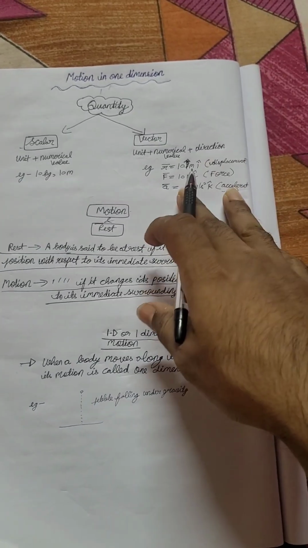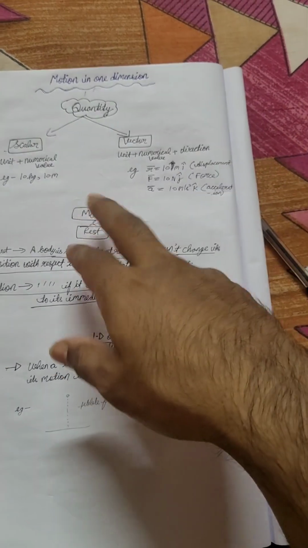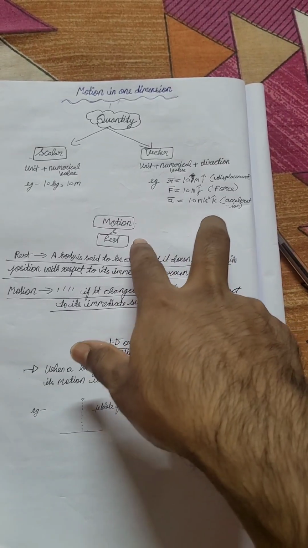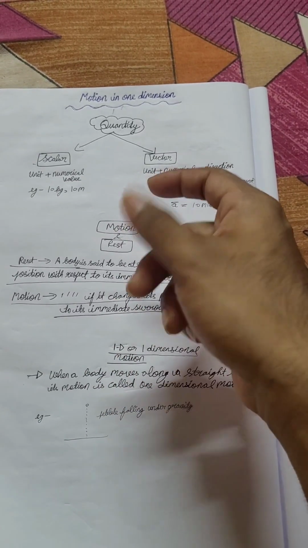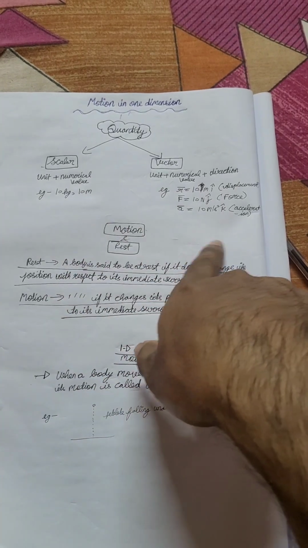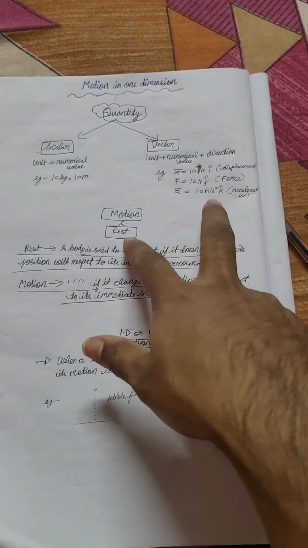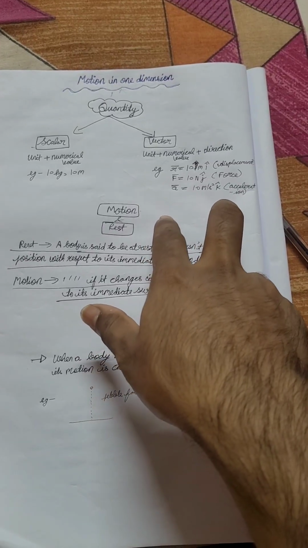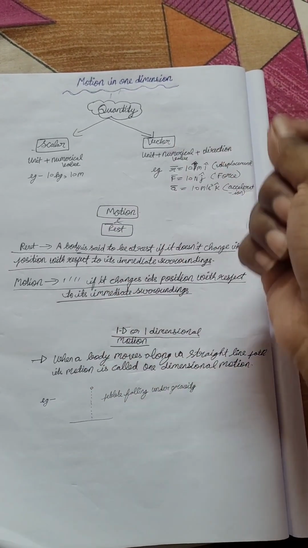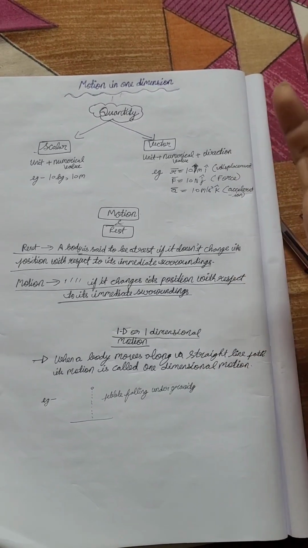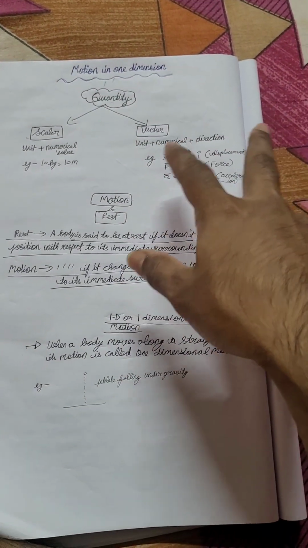But in vector quantities there is a direction. Like if I say I walked 10 meters, this is a scalar quantity, but in which direction? If I walked 10 meters in the north direction, northwest direction, or any direction, that quantity will be a vector quantity.